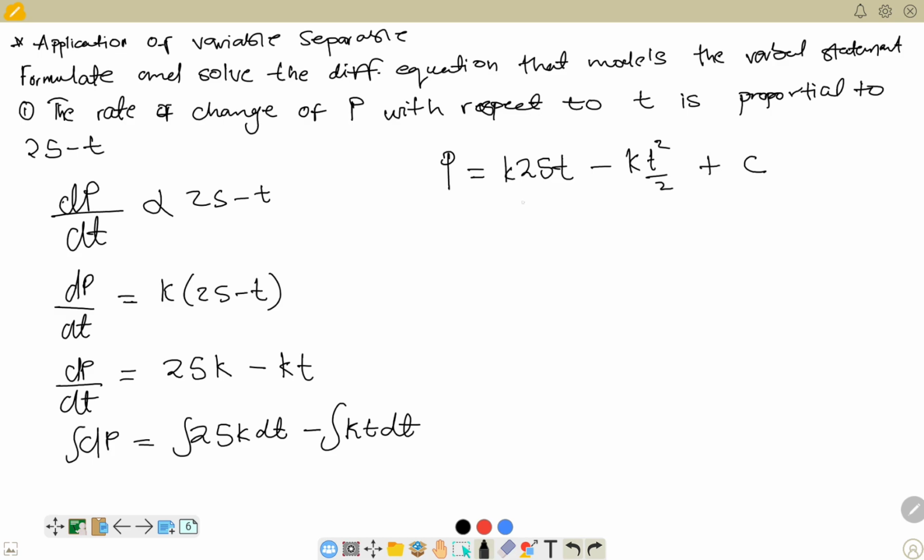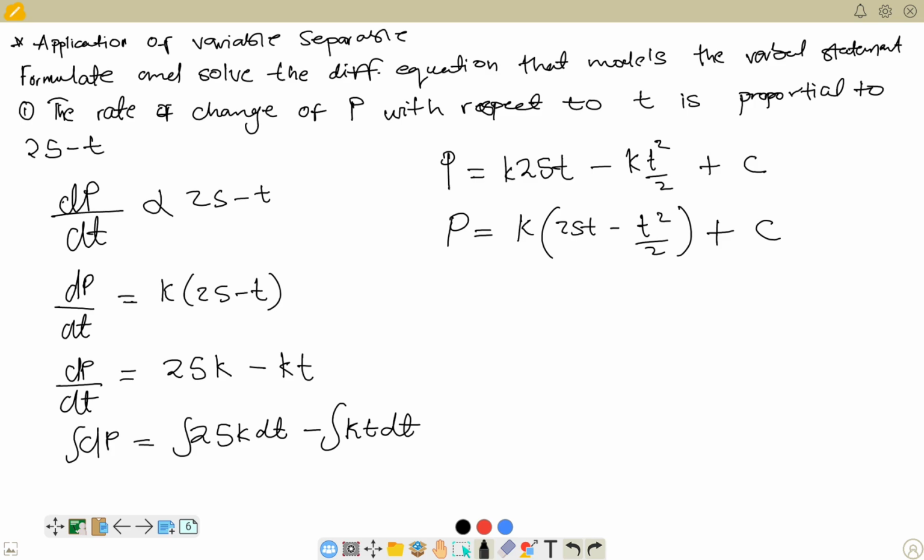Of course, here you can see that we can factor out k on both terms on the right hand side of the equation. So if we have k factored out, we'll have 25t minus t squared over 2. The way you factorize it is up to you. Here it's good enough. If you can leave it there, that is good enough.